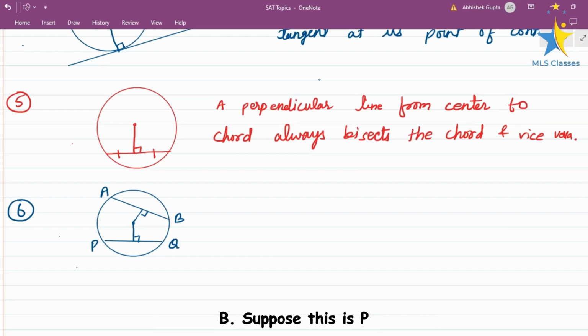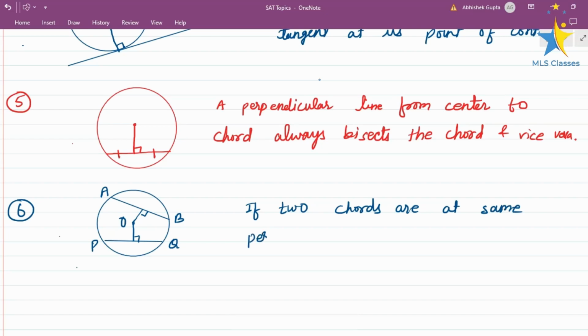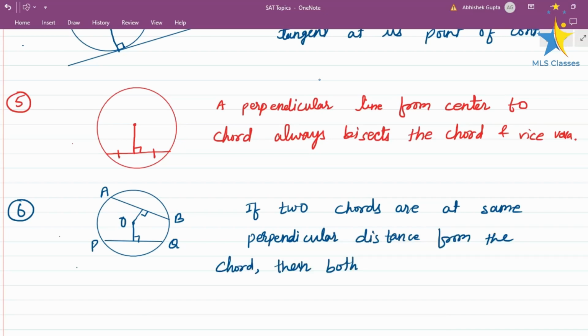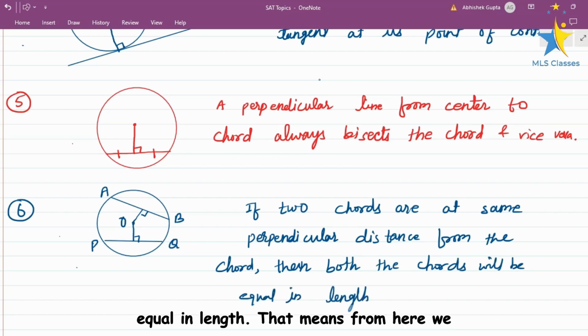Suppose this is AB, this is PQ and the center is O. Then if two chords are at the same perpendicular distance from the center, both the chords will be equal in length.